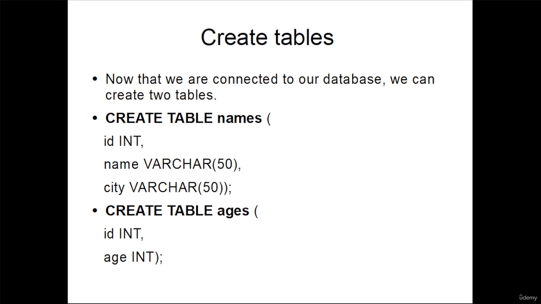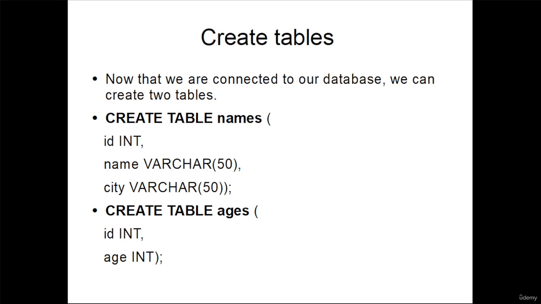This consistency is important because it ensures that we can later link data from both tables using this common field. The age column is also an integer, as it only needs to store whole numbers. Keeping the same data type for the ID column in both tables is a good practice. It avoids potential issues when working with relationships between tables, such as when performing join operations to combine data.